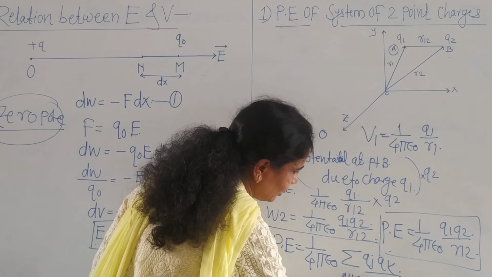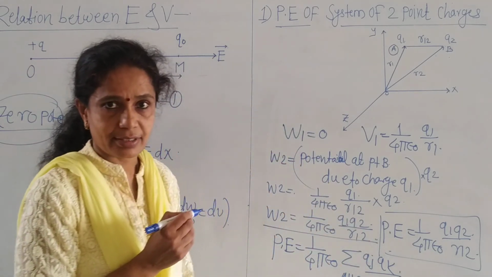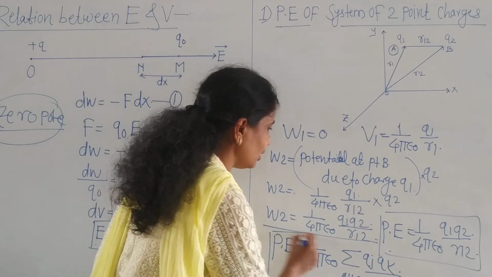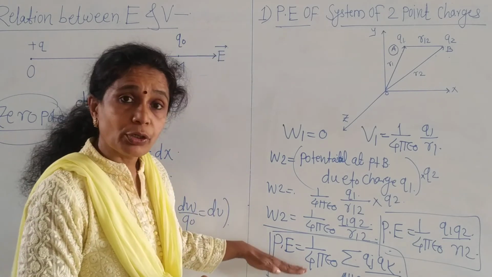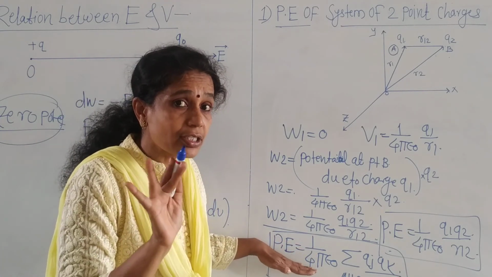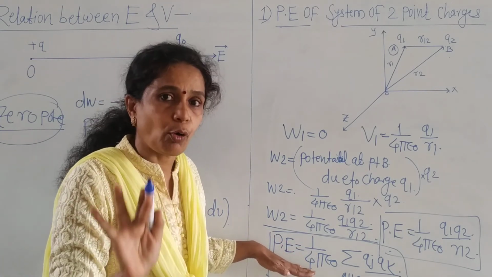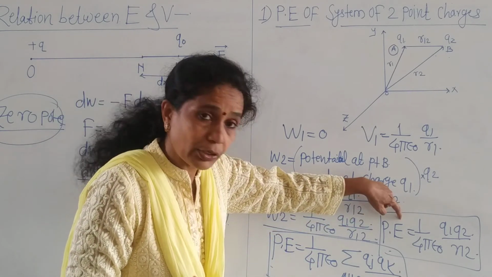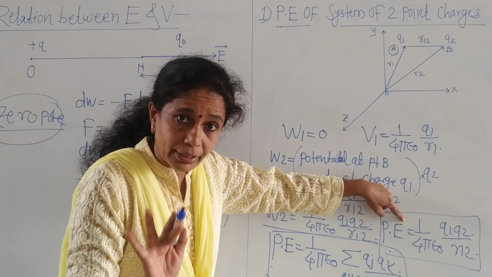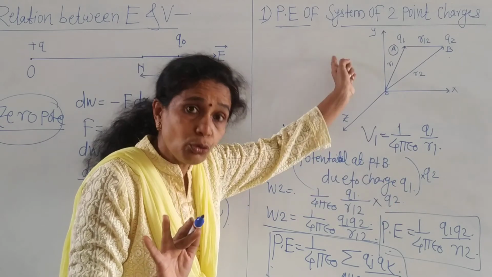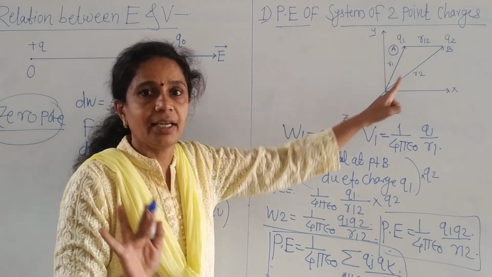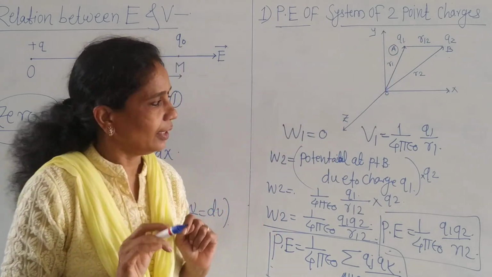Therefore this is the equation of potential energy of a system of n point charges. Okay, let us stop here.